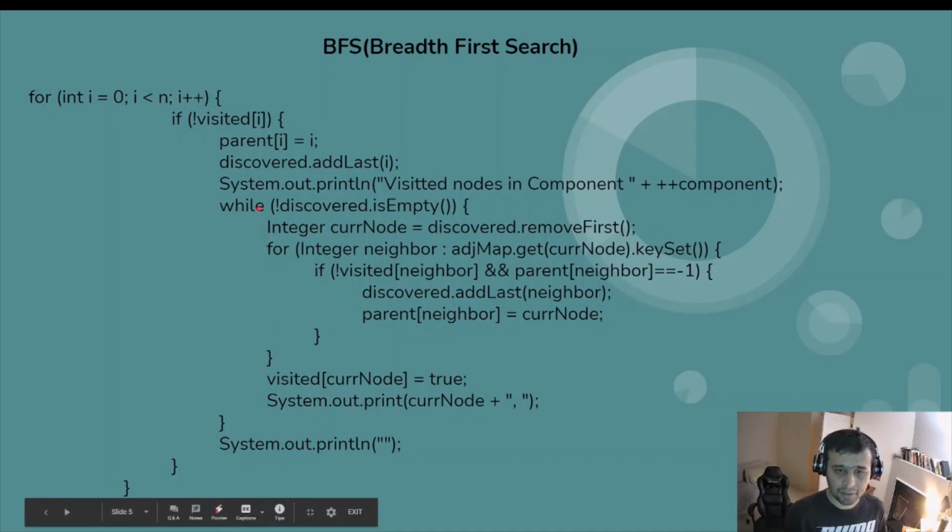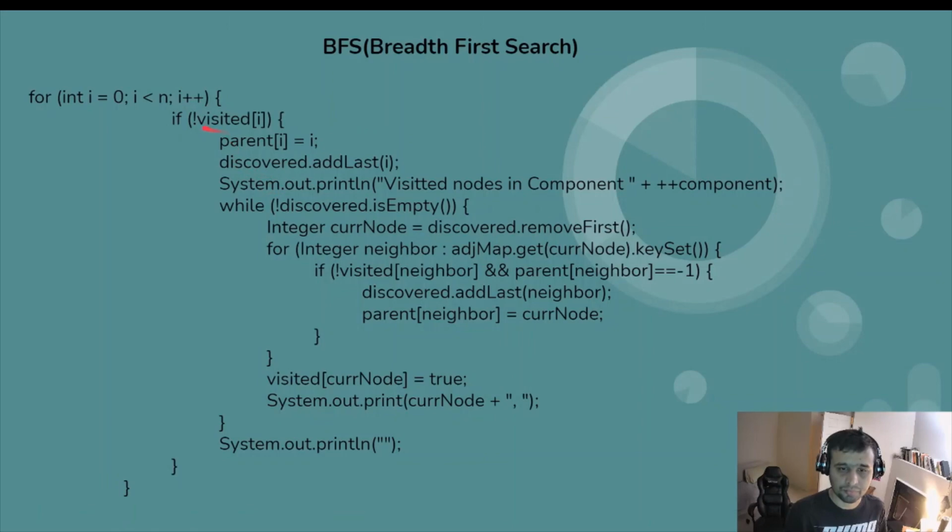All the other steps inside are constant time execution. But this whole for loop is iterating, and the number of iterations for this for loop will be equal to the degree of the vertex.